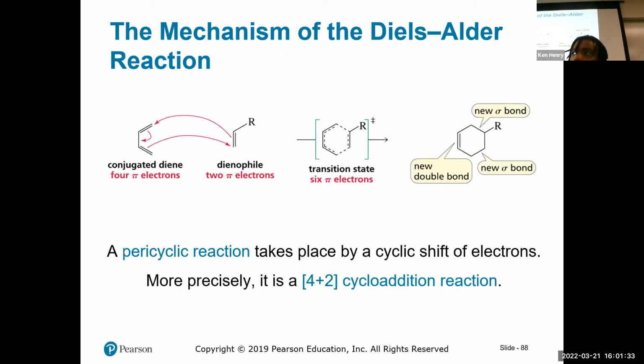So it's not going to take much. And then the key is that you're also going to have that transitional state, right? That formation of the resonance structure. So you end up with, in this case, 6 pi electrons.